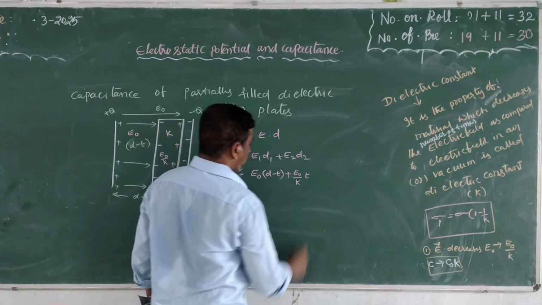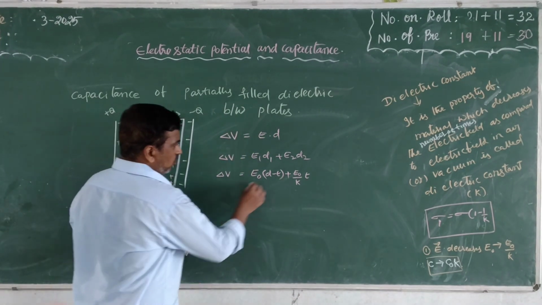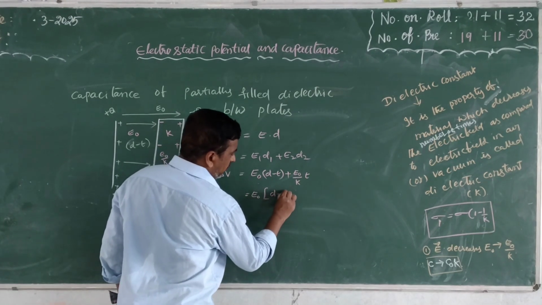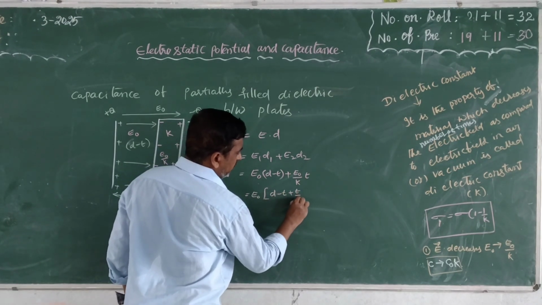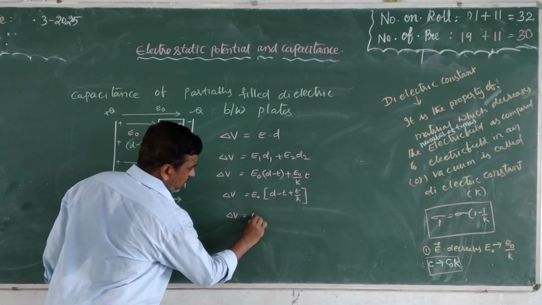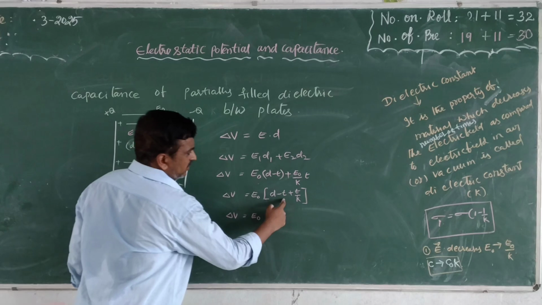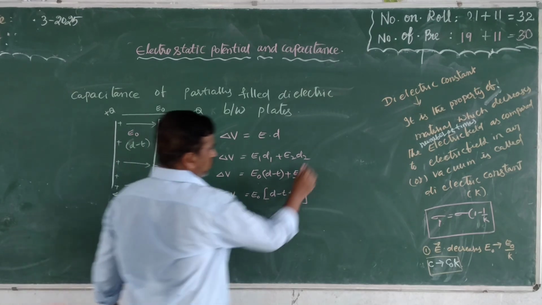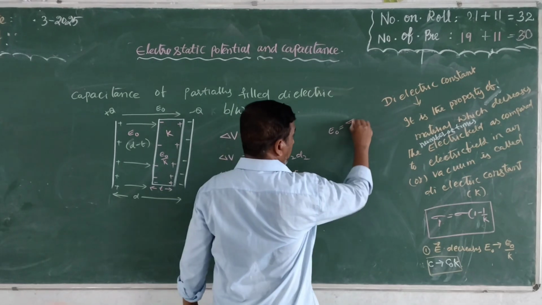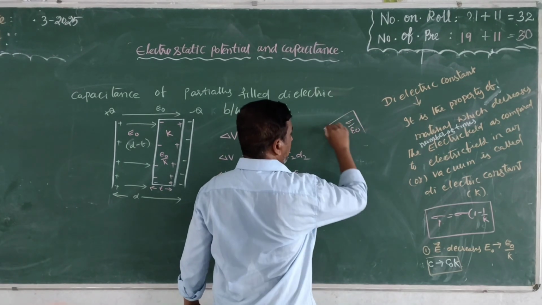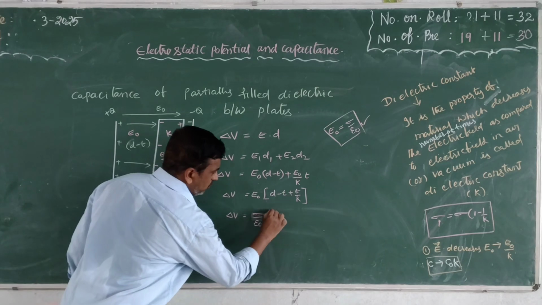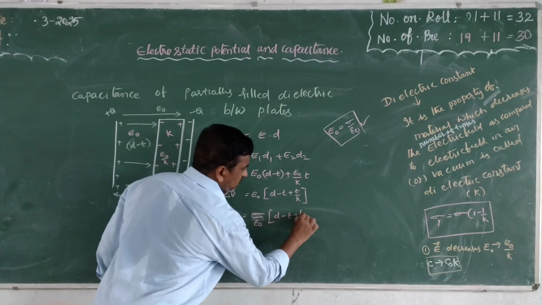What is the thickness here? t. Now E naught is common, so we can write d minus t plus t by K. So delta V equals E naught into (d minus t plus t by K). We know the electric field between parallel plates is sigma by epsilon naught. So delta V equals sigma by epsilon naught times (d minus t plus t by K).